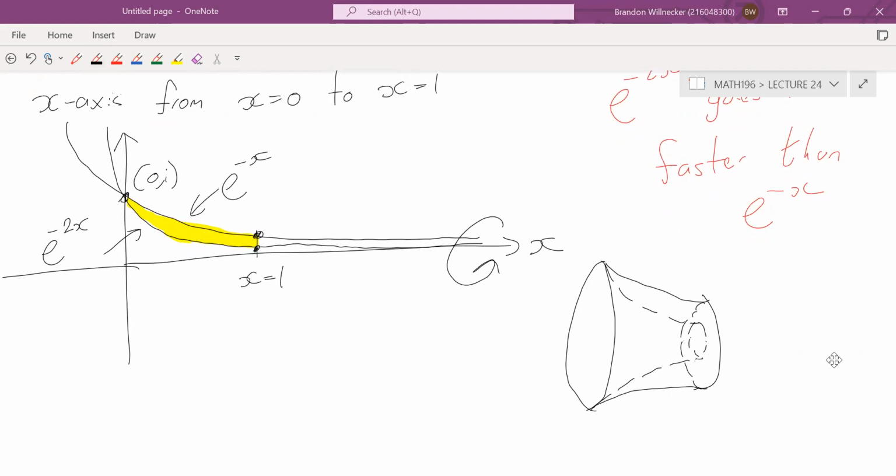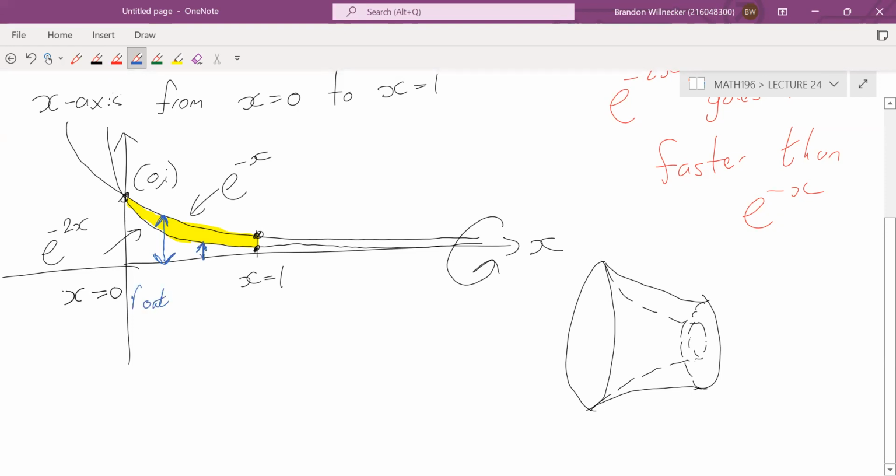Okay, so now we want to find the volume. So we're going from x equals 0 to x equals 1. We can see that if we rotate around the x-axis, we're going to have 2 radii because we've got 2 functions. The upper function here is going to be the larger radius, so that must be r out.